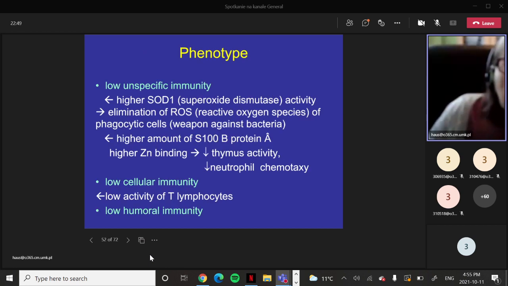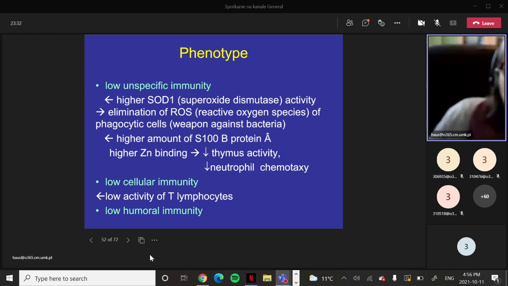Phenotype: unspecific immunity is very low, and specific immunity is also very low. Low cellular and low humoral immunity because of low activity of T lymphocytes and B lymphocytes. And what about unspecific immunity? There is an additional copy of a gene which is called SOD1, which codes for superoxide dismutase.